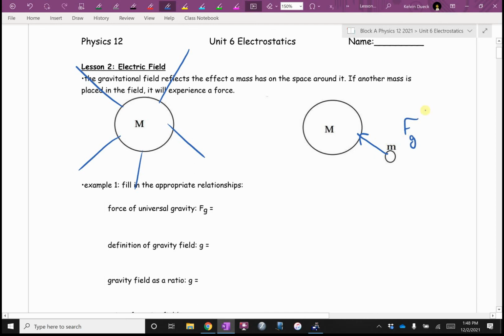How do I calculate that force? The little mass times the strength of the gravitational field right there. That's how I taught you gravity in Physics 11, and we got away with it because in Physics 11 we never left the Earth, so little g was always 9.8. Or you could think about it as big G, big M, little m over r squared.